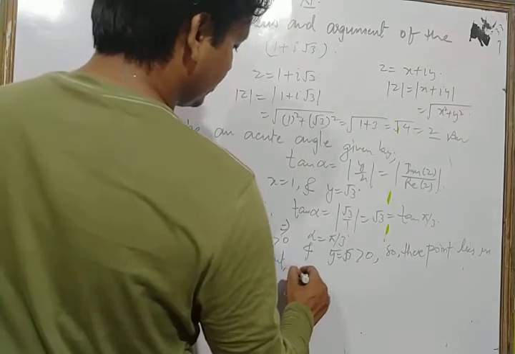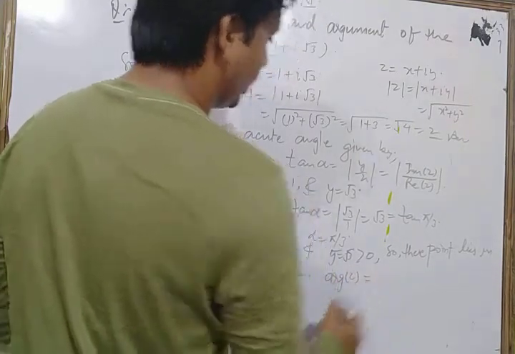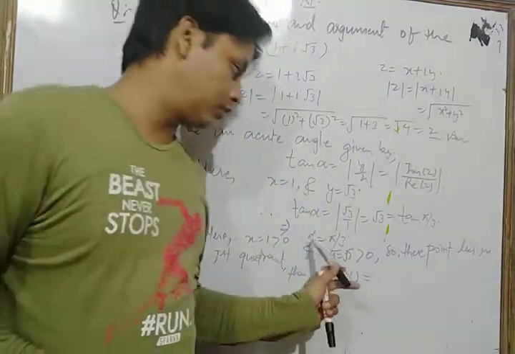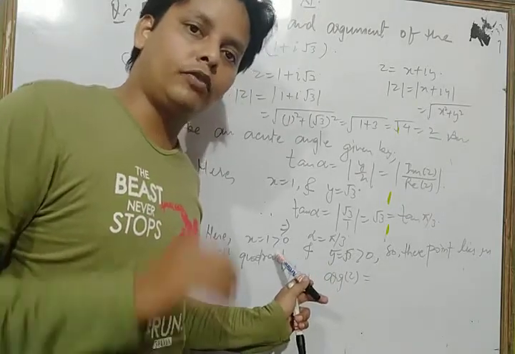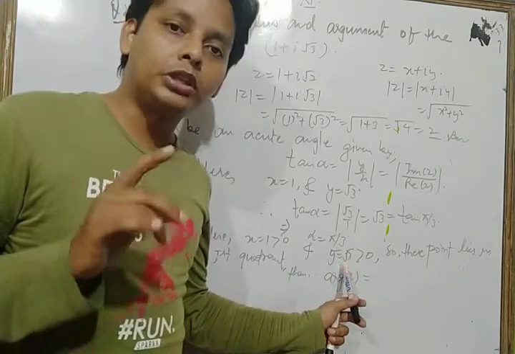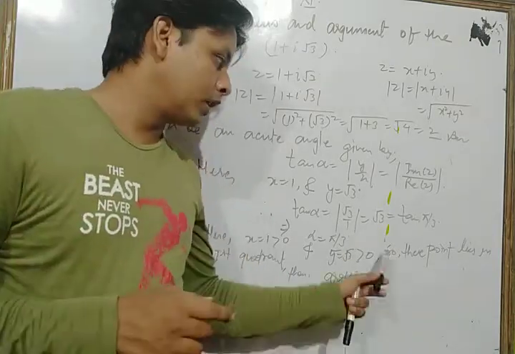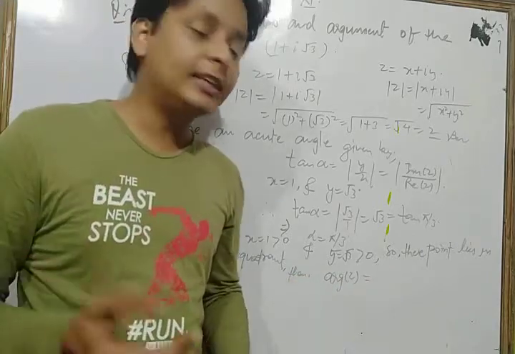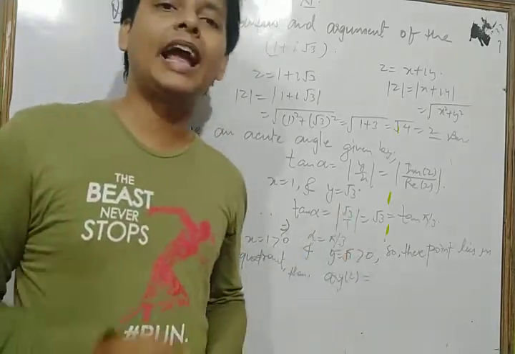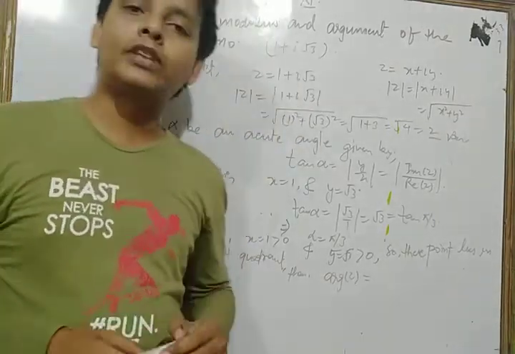Okay, then the argument of z is equal to what? You know that here the value of x is 1, which is greater than 0. Similarly, the value of y, that is root 3, is also greater than 0. In this way we can say that the point x, y, meaning 1 and root 3, lies in the first quadrant in the Argand plane of the complex number.